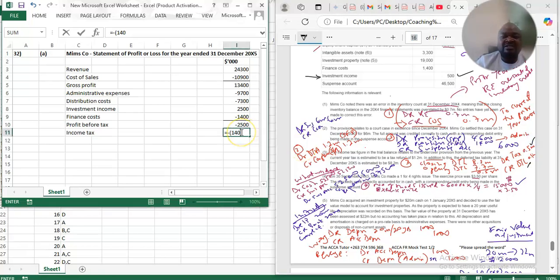That's 500, isn't it? 500, okay, and we then have to talk of the deferred tax asset.